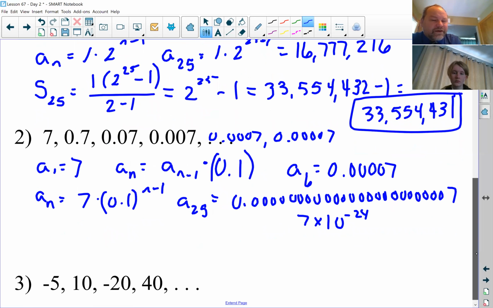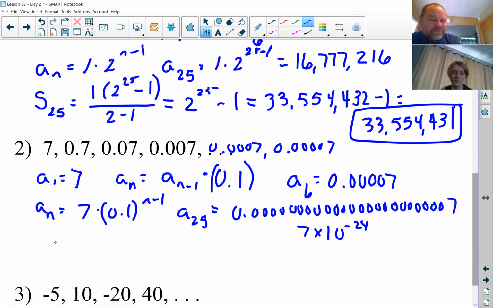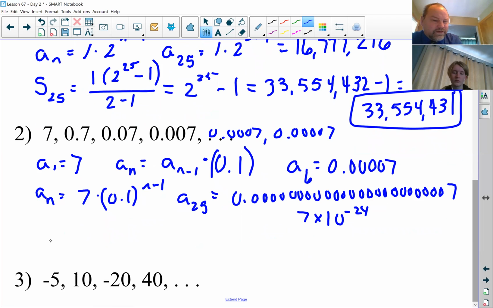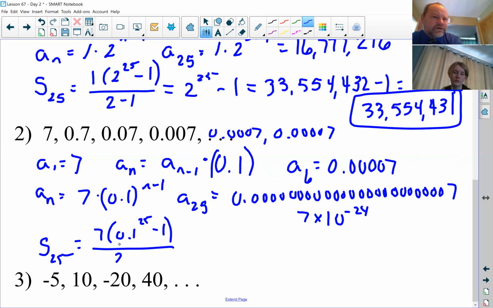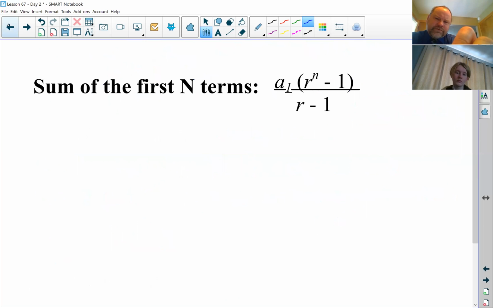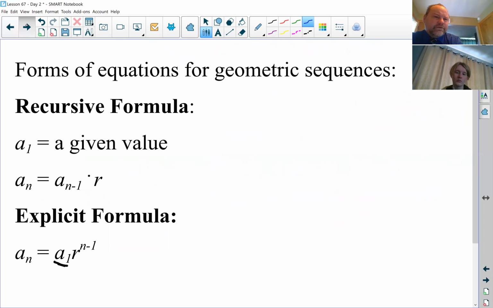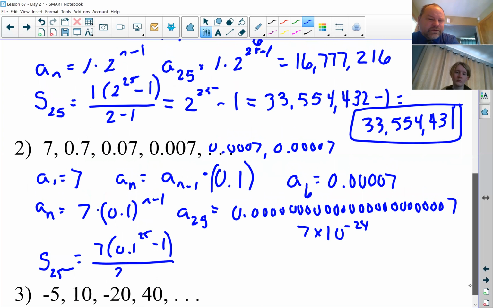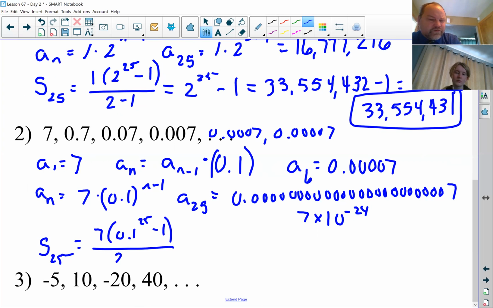All right, our sum. So 7 times 0.1 to the 25th minus 1, over our common ratio, 0.1, minus 1.